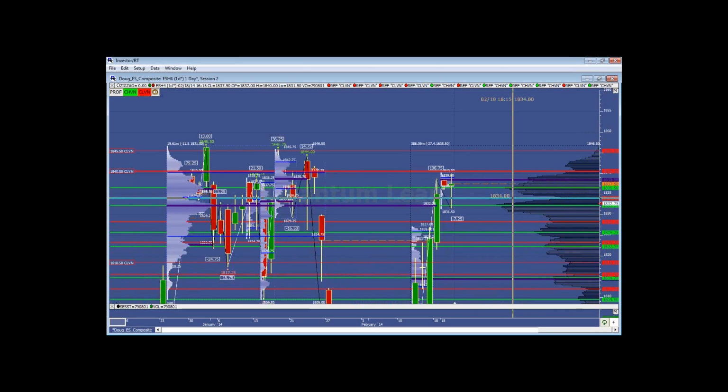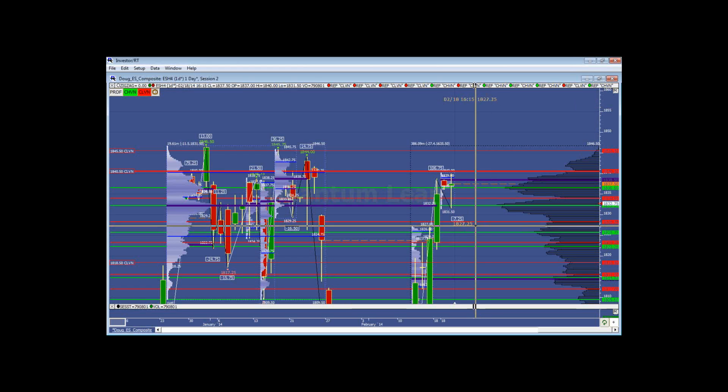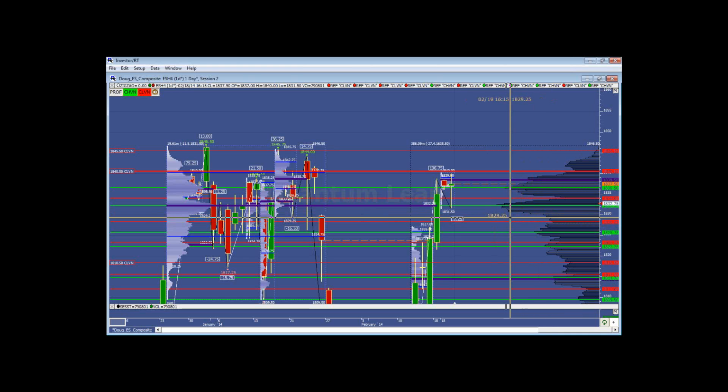If we got below 34, we were looking for rotation back to find buyers at the microcomposite VPOC at 1832.25, with a possible push through down to the other side of that balance at 1828.25, and the value area low from yesterday, which I think was 29.50, was our immediate target and trade zone below.